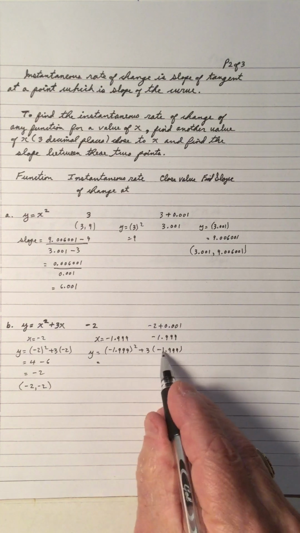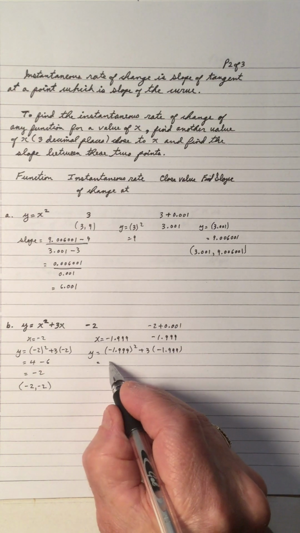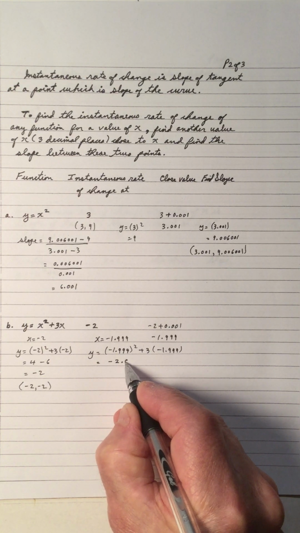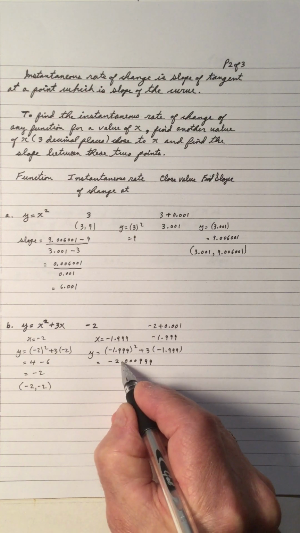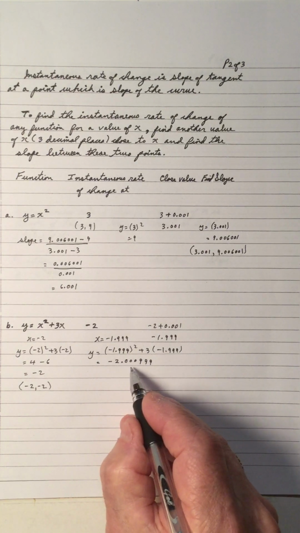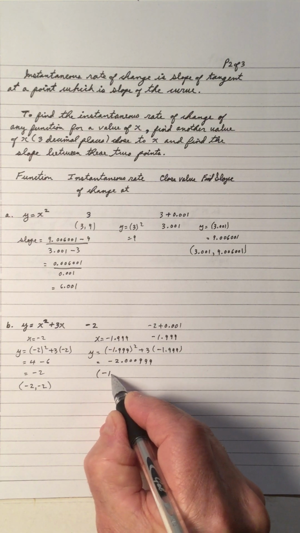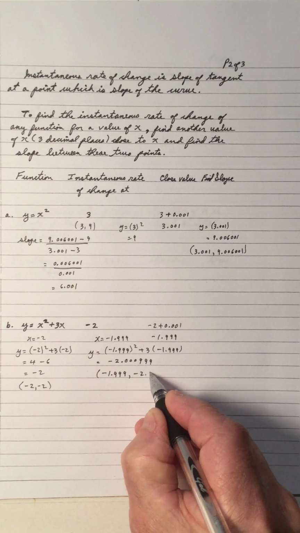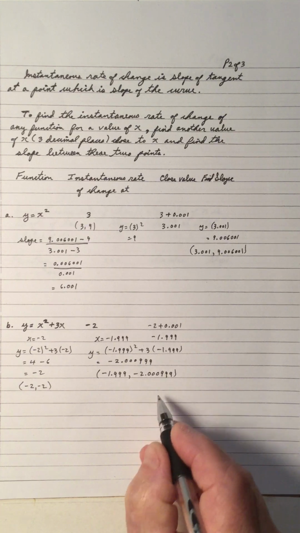You take your calculator and plug this in correctly, and you will come out with a negative 2.000999. Pause and work your calculator out to see if you get this value. So this point is negative 1.999, comma, negative 2.000999. And I write it down, because if I don't, I get mixed up.